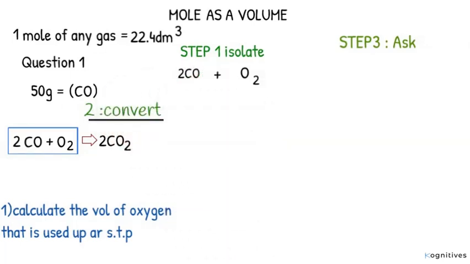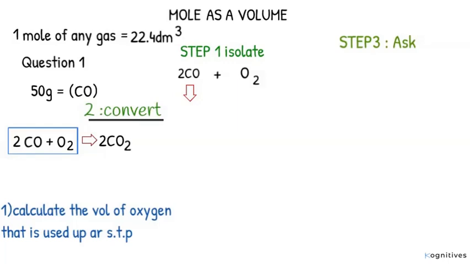Step 2, convert. Now in the equation, we have 2 moles of carbon monoxide being combusted by 1 mole of oxygen. To convert, I will look at the question and notice that in the question, the mass and not the mole of carbon monoxide was given, and I was asked for the volume of oxygen. So I am going to convert the 2 moles of carbon monoxide I have to mass. So how would I do that?